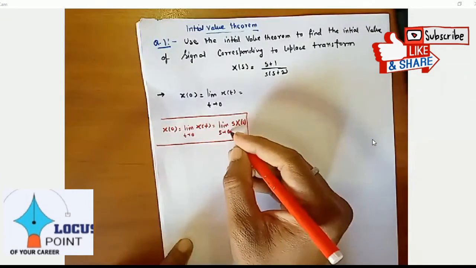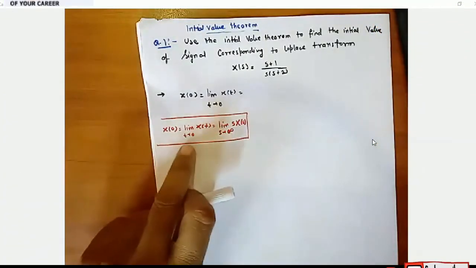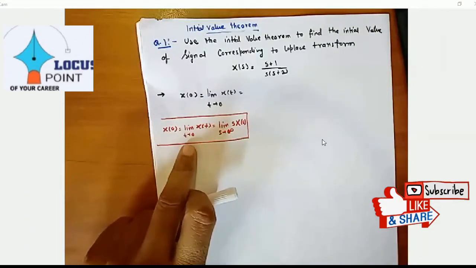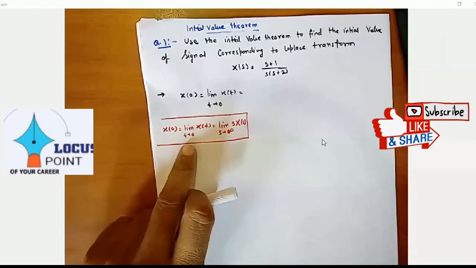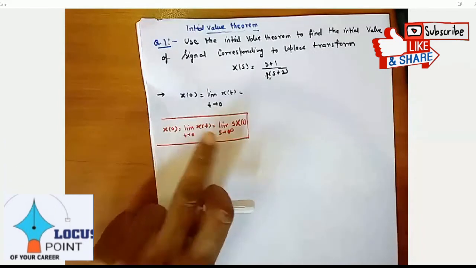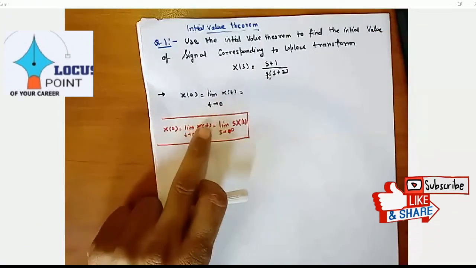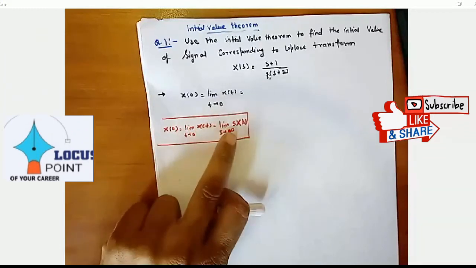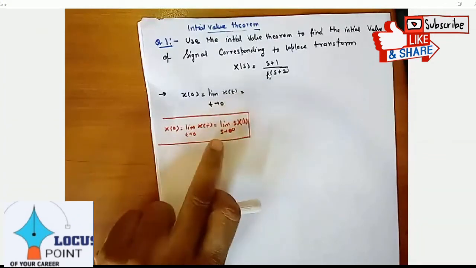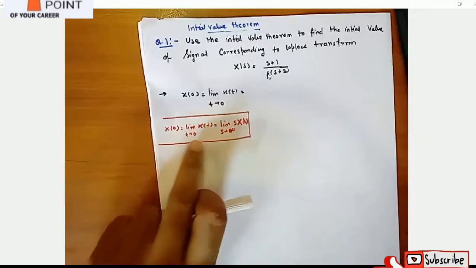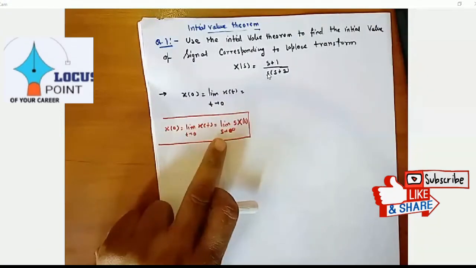No, always remember, if t is 0, if you are going to calculate the initial value, then s will be infinite. And if you are calculating the final value, that means x of infinity, then s will be 0. So this is the opposite part, and it is a good way to remember the initial and final value theorems.